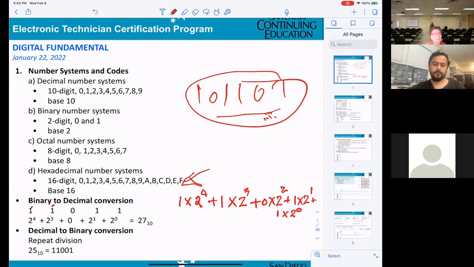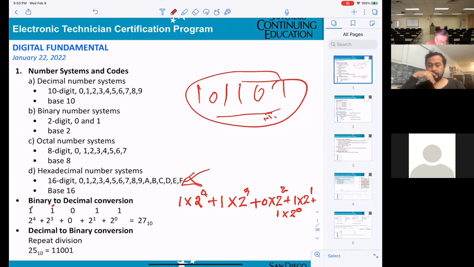Then you add them up. Okay. So they come up with the number, I believe 27. 27.